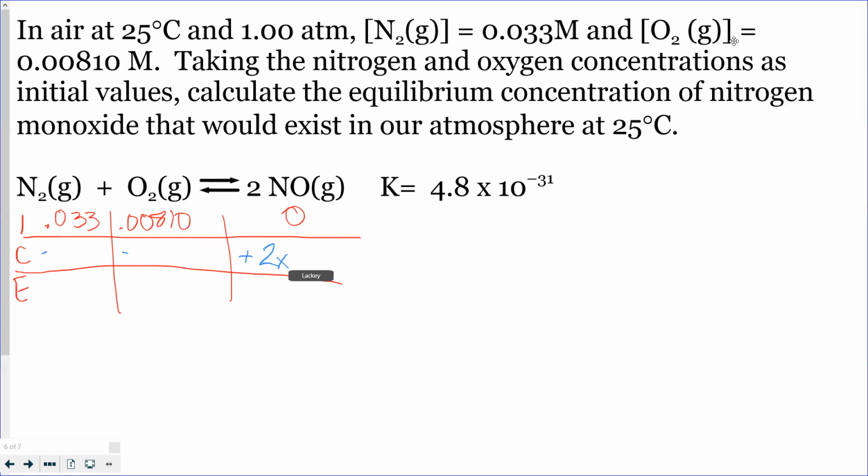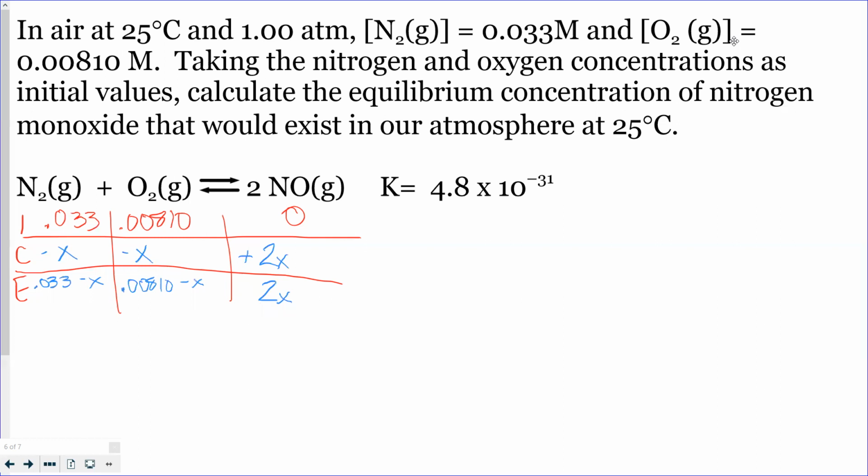For nitrogen and oxygen, there's only one of them, so we are subtracting a factor of x. So our equilibrium concentrations for nitrogen is 0.033 minus x, oxygen is 0.00810 minus x, and nitrogen monoxide is going to be 2x.